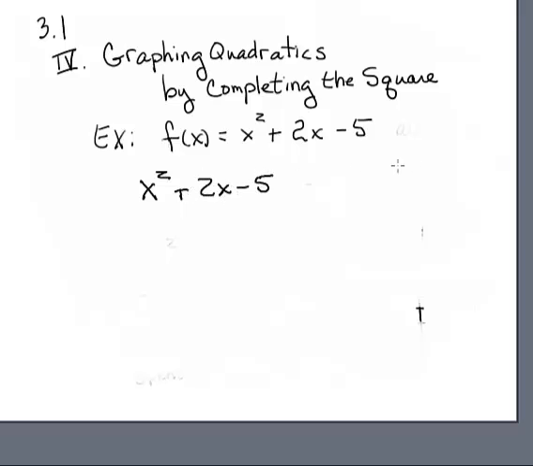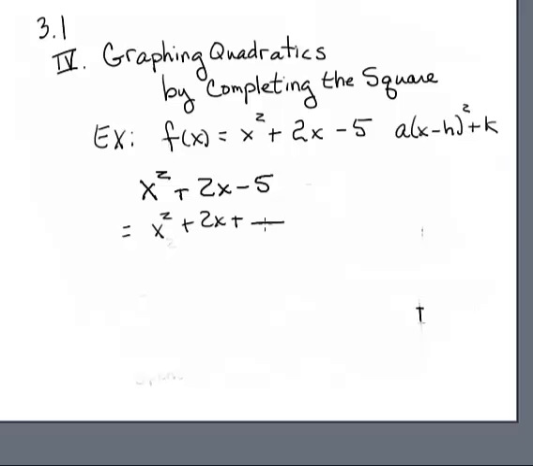And I want to end up with it looking something like this: a times (x minus h) squared plus k. You see, this is not in this kind of format, but I'm going to get it to that. So this is what I'm going to do. I'm going to take x squared plus 2x plus some perfect number.